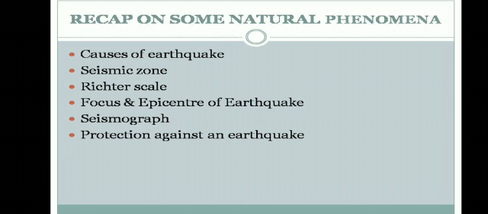Focus. The point inside the earth's surface where the earthquake originates is referred to as the focus. It is also called the hypocenter. Epicenter is a region on the earth's surface that lies just above the focus of the earthquake. Seismograph. It is an instrument which can record the seismic waves.